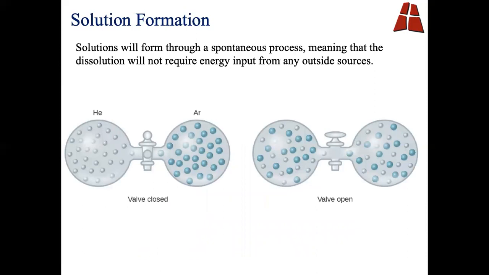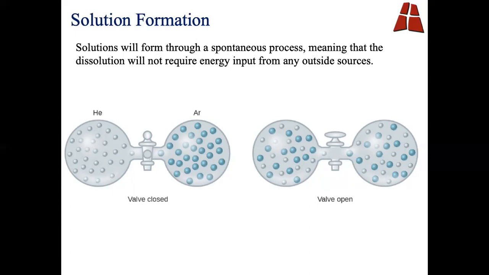So when we form a solution, typically we start with 2 different things. In this example, we have 2 gases. And so in order for a solution to form, it must be a spontaneous process. And later on in the semester, we'll define what spontaneity means in terms of energy and chemical systems.